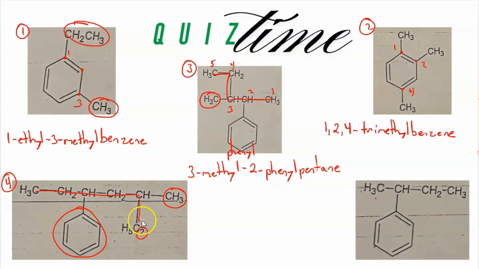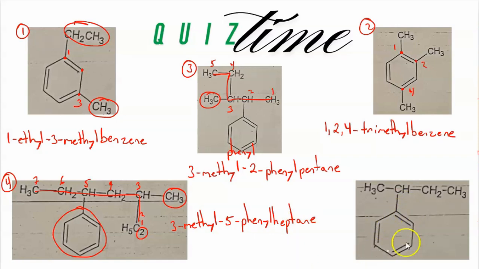This has 2, so this is going to be 1, 2, and this is the 3rd carbon in the chain. 4, 5, 6, 7. So that's a 7 carbon chain with a methyl group on 3. So that's going to be 3 methyl, 5 phenyl, heptane. All right, 3 methyl, 5 phenyl heptane.